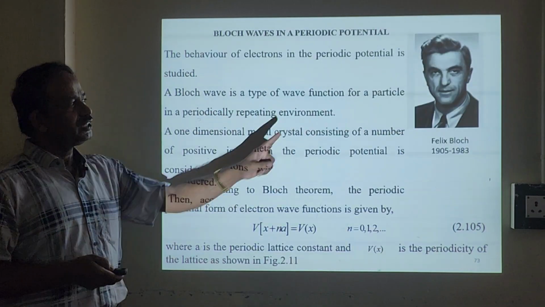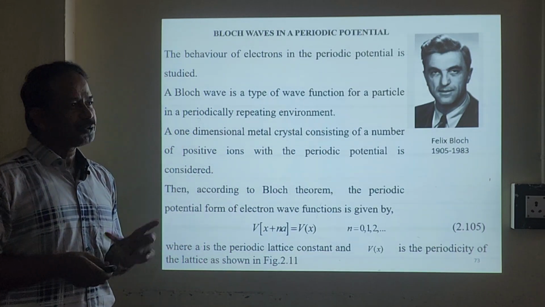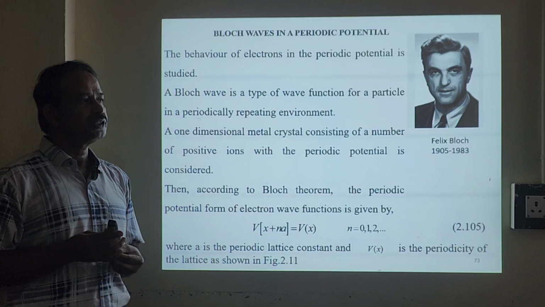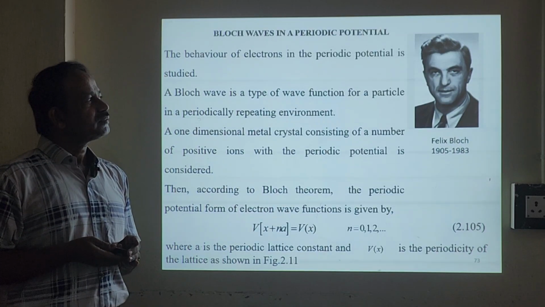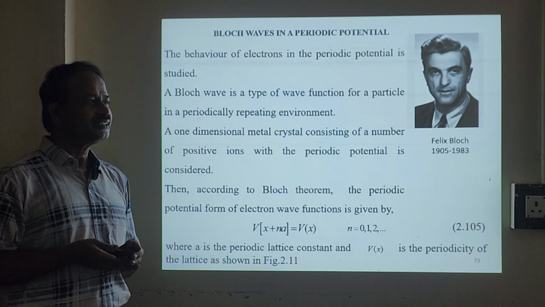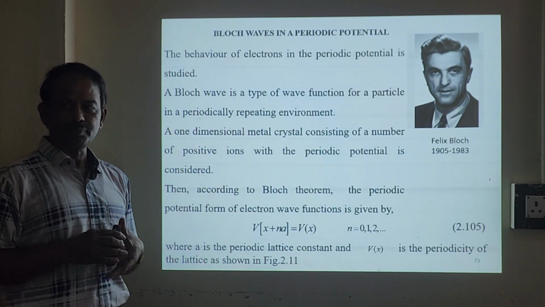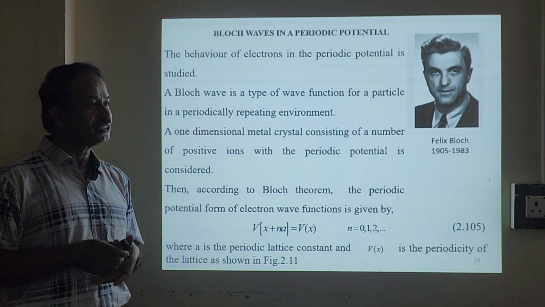So he is Felix Bloch. He was a Jew, born in Switzerland in the year 1905. He had an elder sister, and when he was 3 years old, his elder sister passed away. He was so upset and almost depressed.